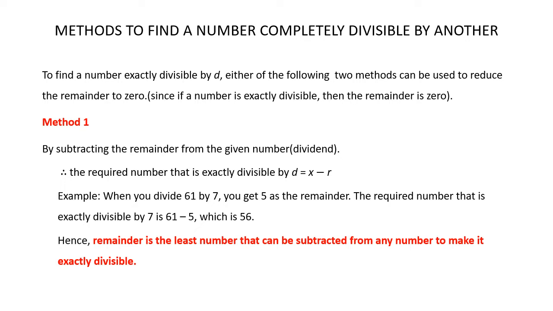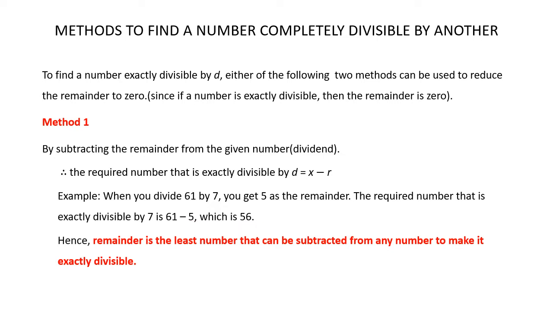For example, when you divide 61 by 7, you get 5 as the remainder. But you have to get 0 as the remainder, you have to find a number that is completely divisible by 7. So the required number that is exactly divisible by 7 is 61 minus 5, which is 56.